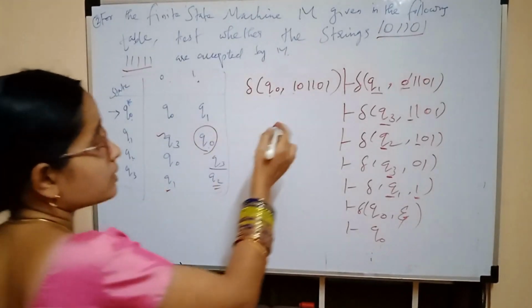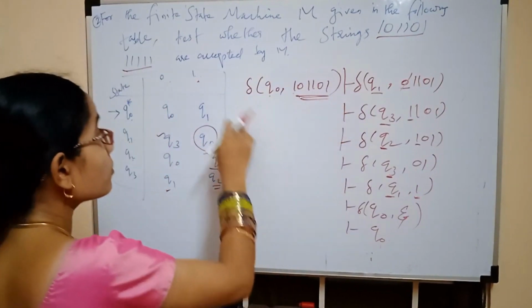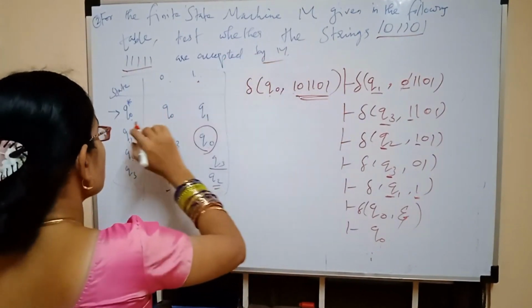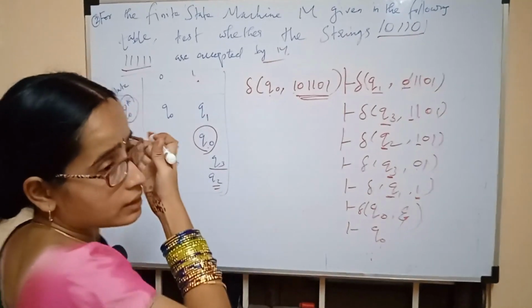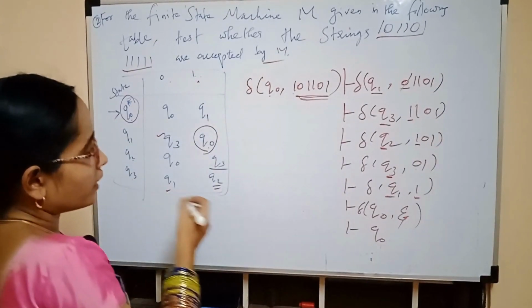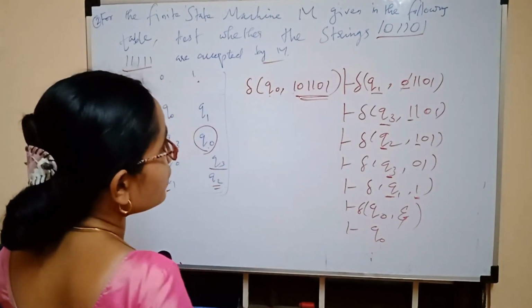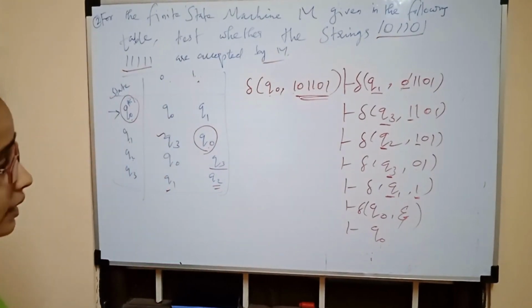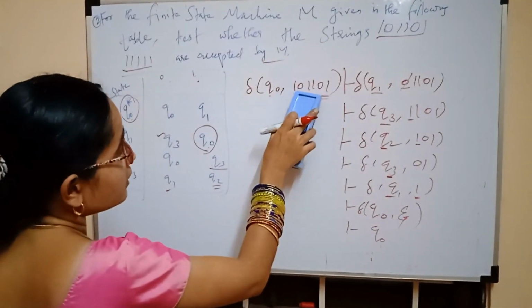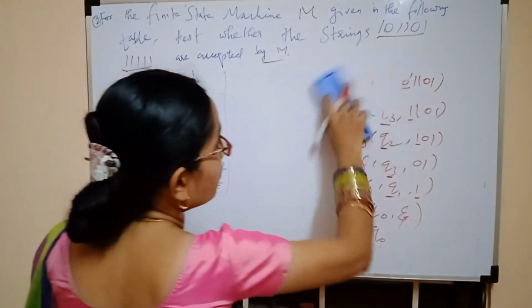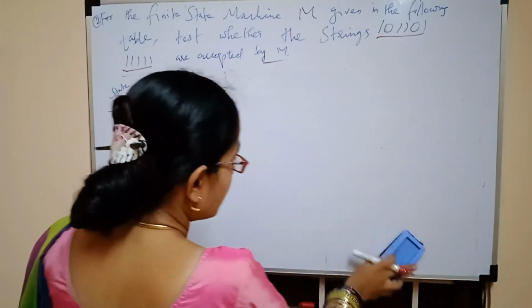So for this string, the string is accepted by this automata M because it reached the final state. The star means the final state. So q0 means it reached the final state, so you will say the string is accepted by the given automata.